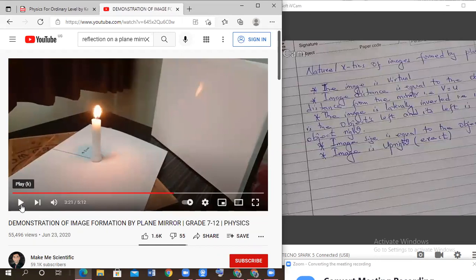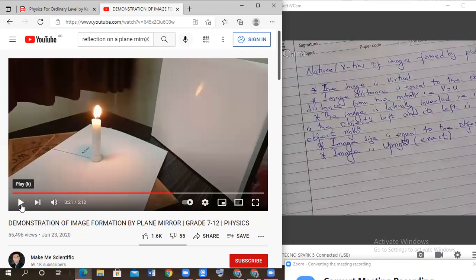For a concave mirror, or curved mirrors, you see that the image is able to be formed on the what? On the screen. But when we use plane mirrors, the image was not able to form on the what? Because the image was formed behind the screen, which means it was not reflected back onto the what? Onto the screen. That's why we said the image formed by plane mirrors is virtual.